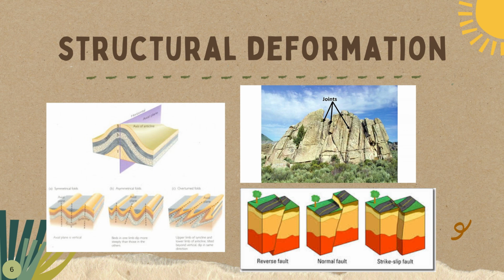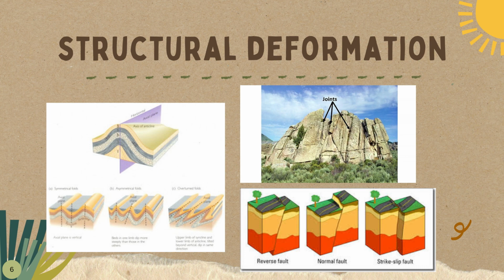The second one is normal fault. A normal fault is one in which the rock above the fault plane, or hanging wall, moves down relative to the rocks below the fault plane, or foot wall. The reverse fault is the one at the top and the other is at the bottom.